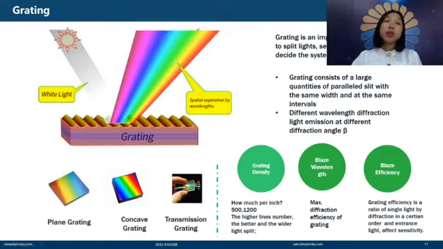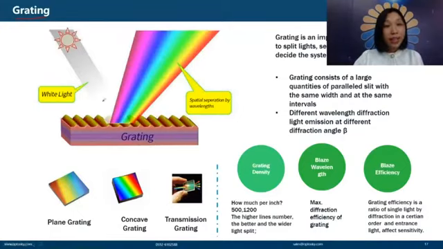So next we are going to introduce the grating. We say that the grating is used to disperse light. So the grating indicates light dispersion capability.